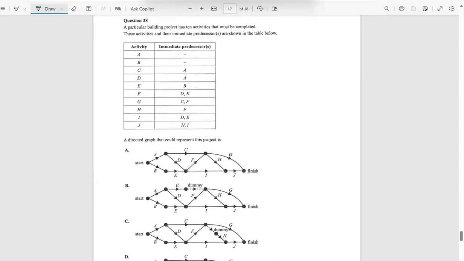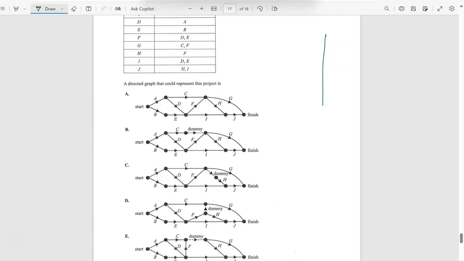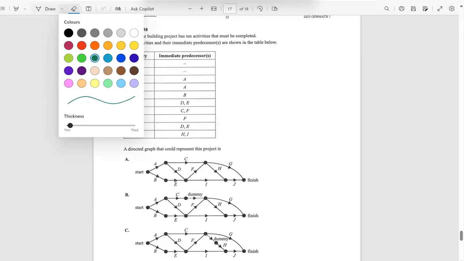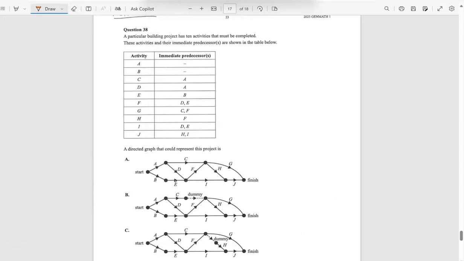So if you have a look, you've got a precedence table and you have to pick which graph underneath shows it. So remember, it is always good to highlight those dummies so you can see them. So here, I can see we're looking for repeated letters. I can see F is repeated there.